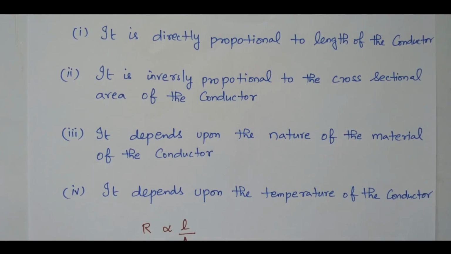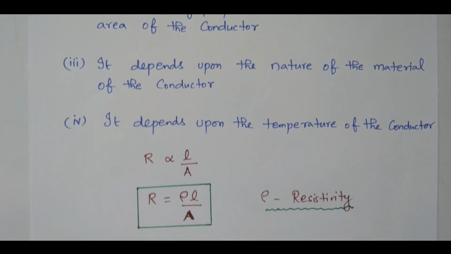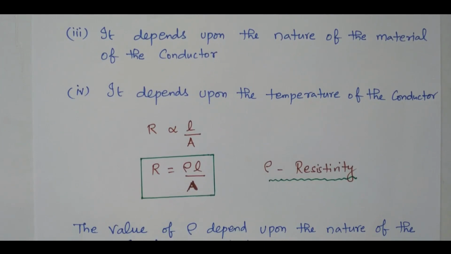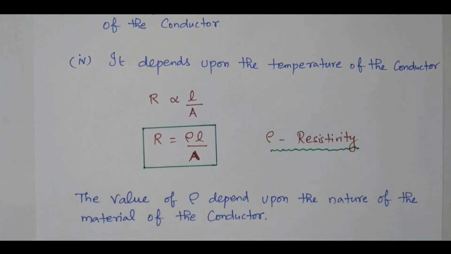So based on the above statements, R is directly proportional to L by A: directly proportional to the length of the conductor, inversely proportional to the area of the conductor. While equating, we introduce one constant called rho. Rho is nothing but resistivity, which depends upon the nature of the material of the conductor and is given by the manufacturer.